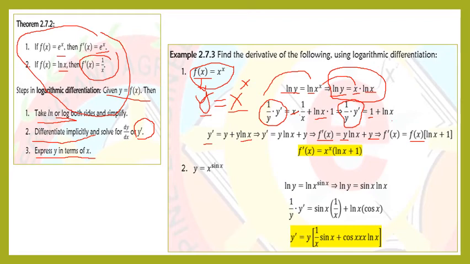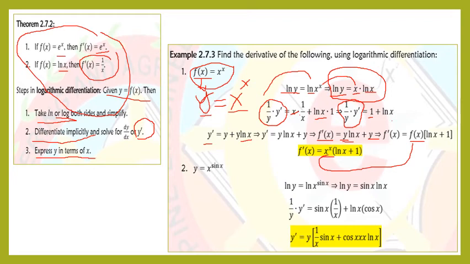So we have the f prime is equal to, ang given natin na f of x, ito siya, si f of x, naging x to the power of x kasi given naman yan. Okay, times, bring down lang natin si ln of x plus 1. So take note, etong f of x na yan, yan yung y. Okay, pinactor out dito si y. Sa first term, we left with ln of x na lang.